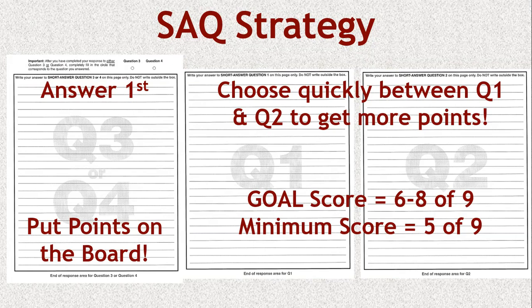If you can't think, ready? Listen to me. If you can't think of a piece of outside evidence that helps show the point of view of either one of the authors within 30 seconds of reading B and C, then go to question 2. Answer SAQ number 2, then come back to B and C and see if it comes to you.